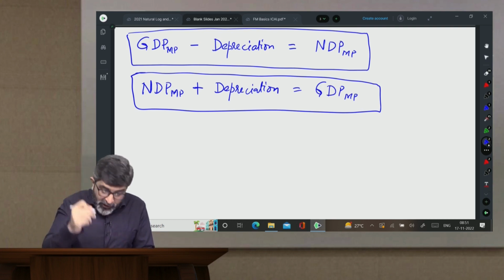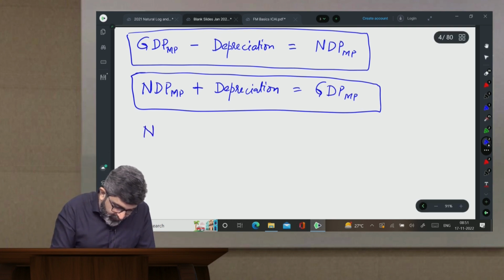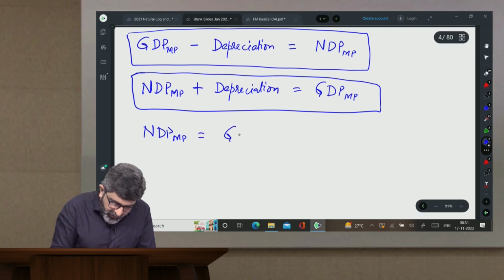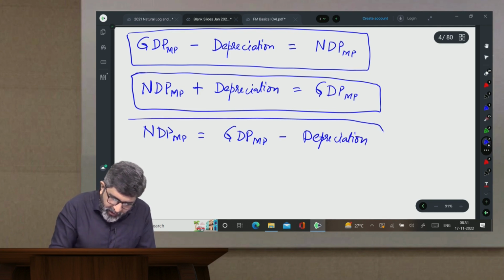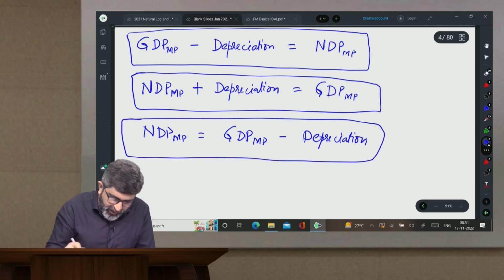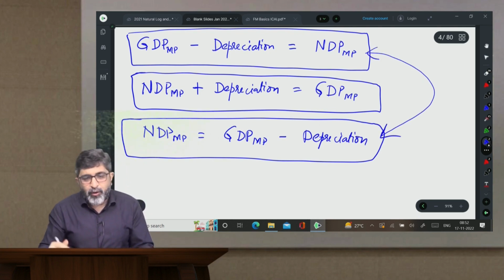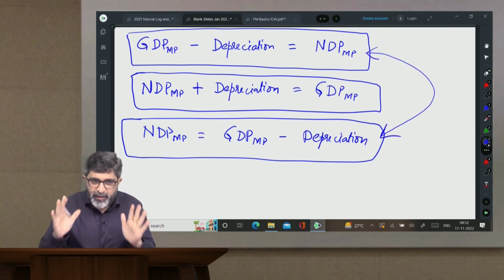Now if I have to define, how would I derive NDP at market price? Tell me. Simply GDP at market price minus depreciation. Some people might be wondering, sir, that you are writing the same thing that you wrote over here. Of course it is nothing different. It is the same thing.